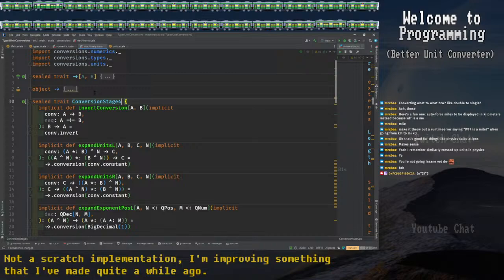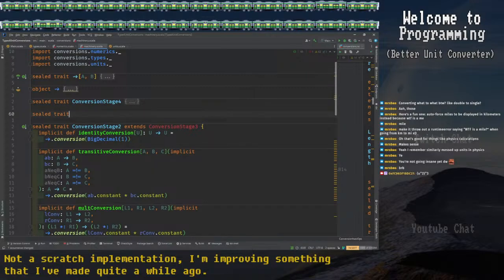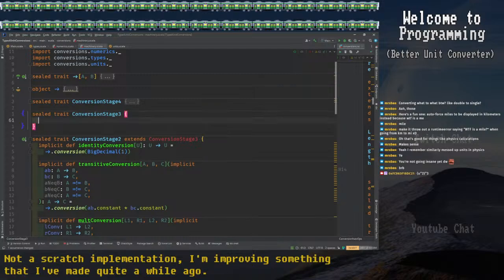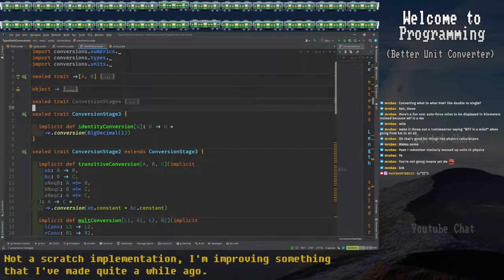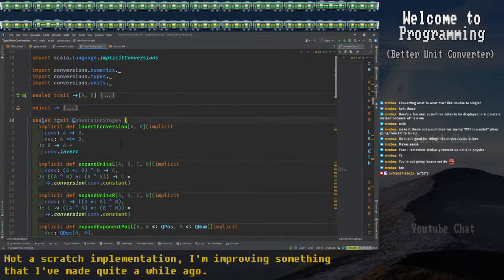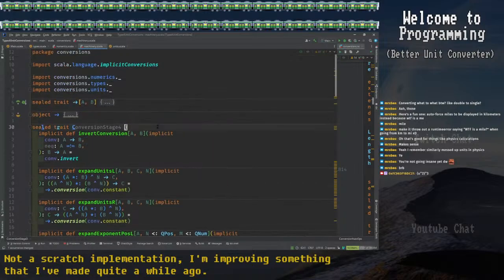Let's make this stage 4. Sealed trait conversion stage 3. And then we move identity conversion. Let's move identity conversion all the way to stage 4.